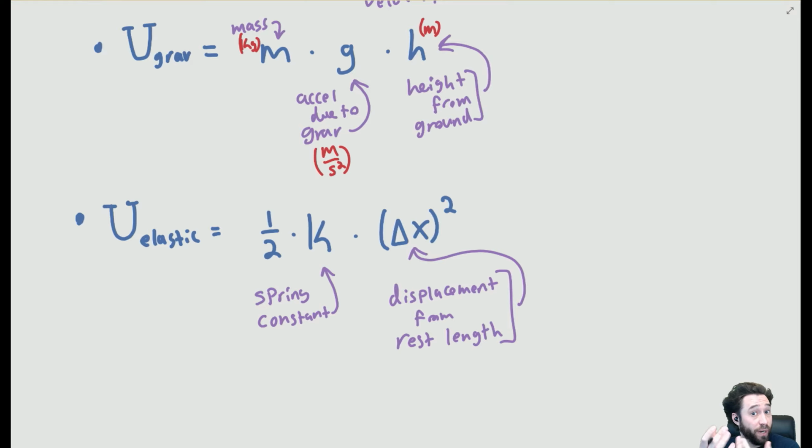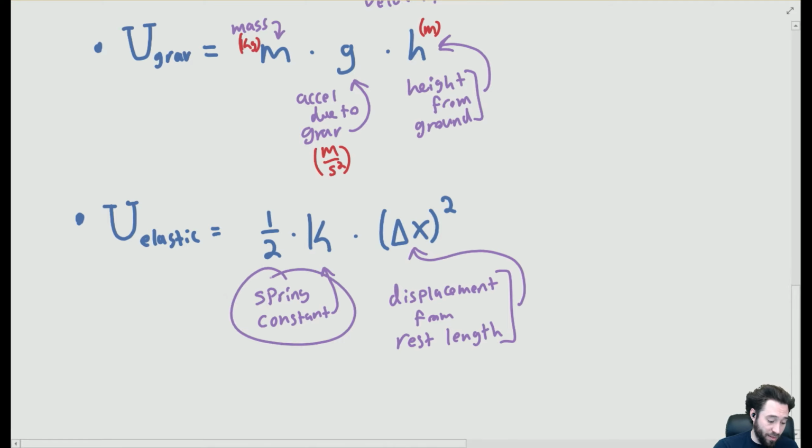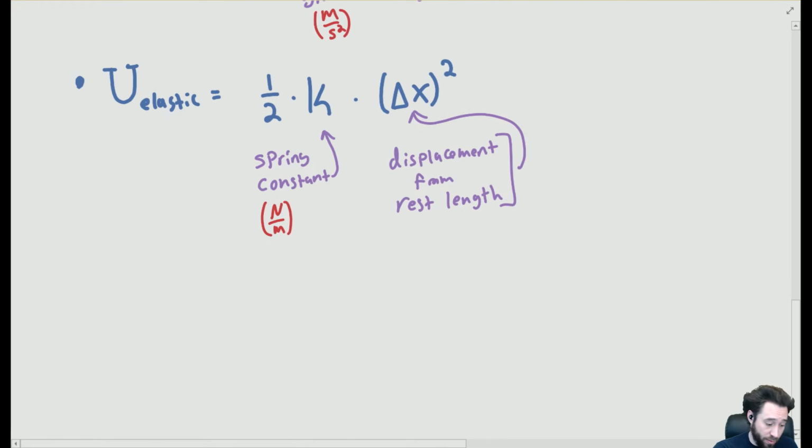Like there's different strengths of springs. You can have a very springy spring, or you can have a very stiff spring. And in order to attribute a value to how stiff or how springy a spring is, that's what this spring constant is. The spring constant has units of newtons over meter. So what this represents, and of course, delta x is going to be in units of meters.